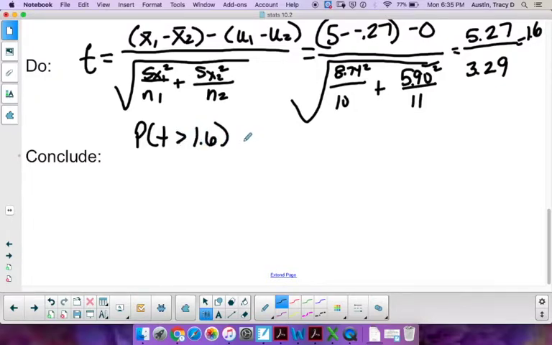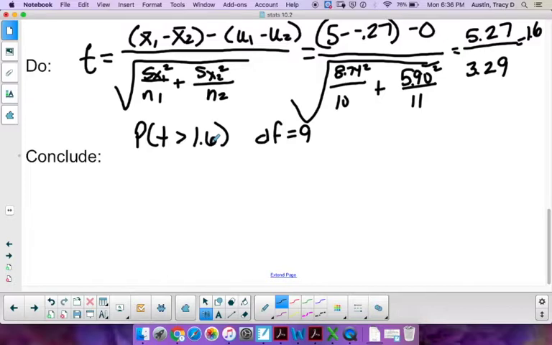Okay, and remember that we have 2 groups, so our degrees of freedom is based on the lowest. So I have 9 degrees of freedom, and I want my t value to be greater than 1.601, whatever it is. All right, so go to your t distribution, 9 degrees of freedom.